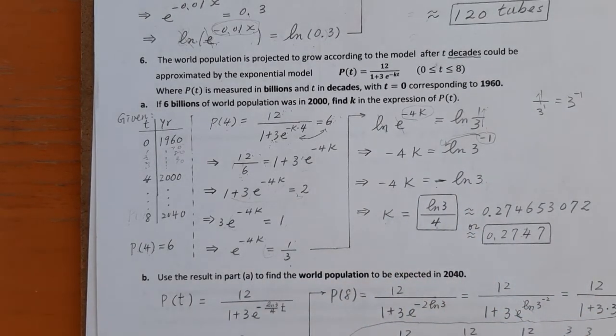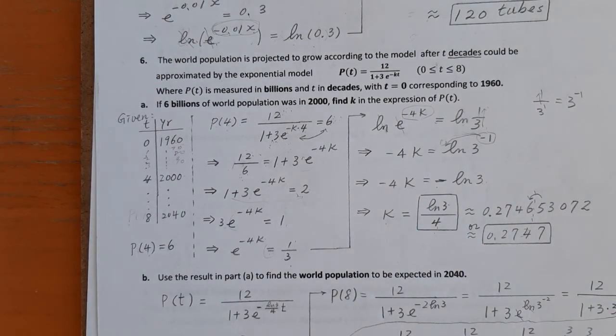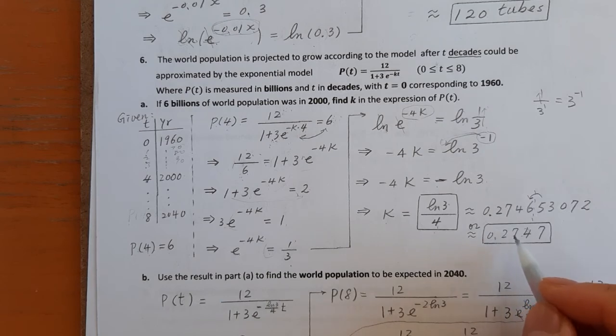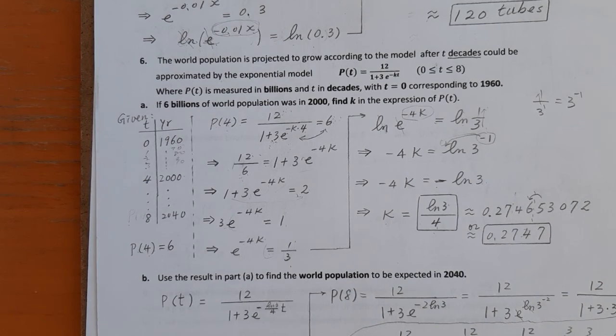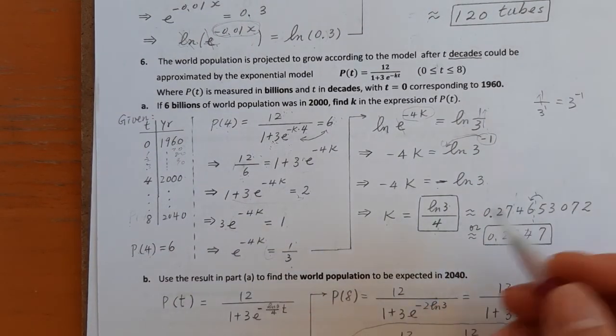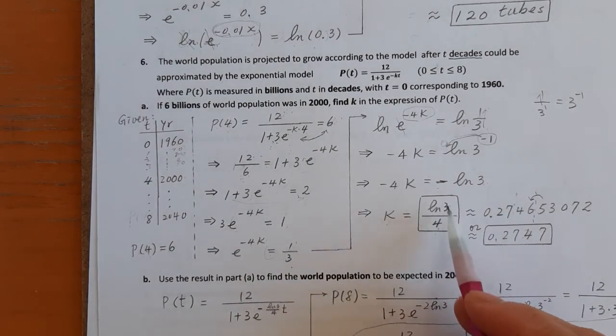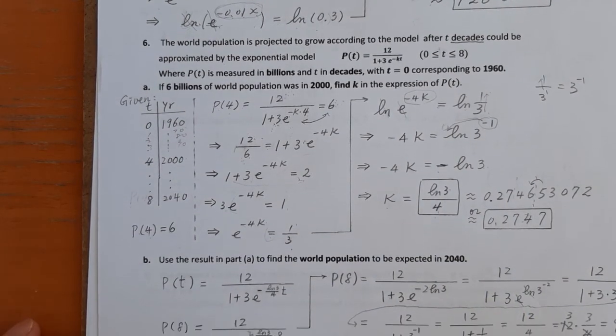That's the exact value. Then use a calculator: rounded to 4 decimal digits you get 0.2747. If you want to round to 2 decimal digits, that's fine. Normally it's 2 or 4 decimal digits. So the exact value is ln 3 over 4, and we will use this exact value for k to do part b because it's better.